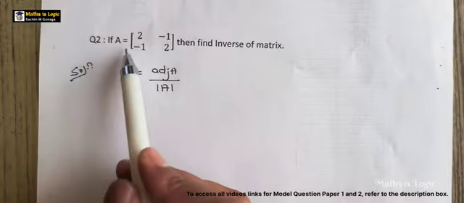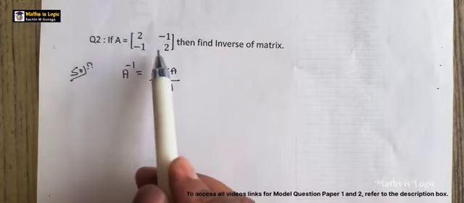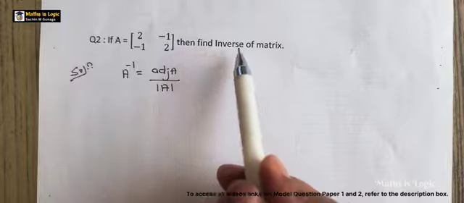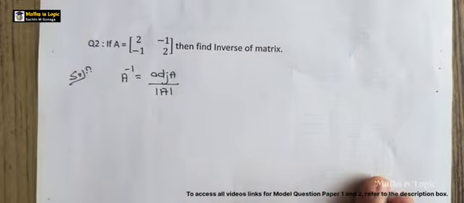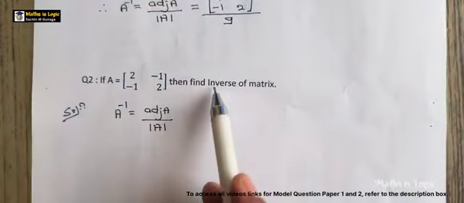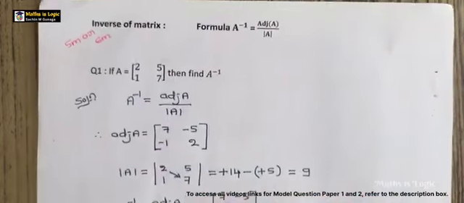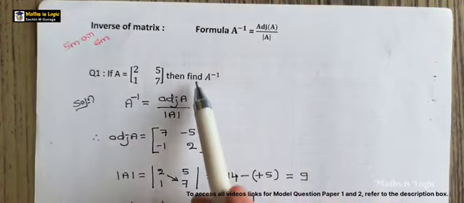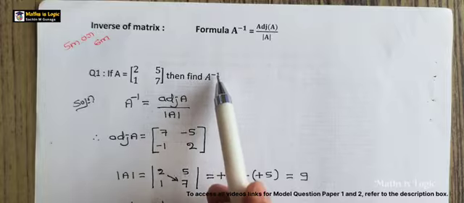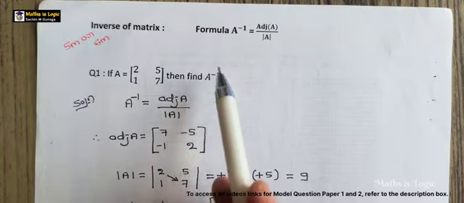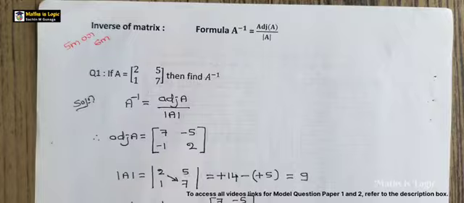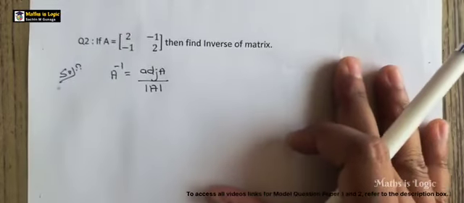Next question. If A is equal to 2 minus 1 minus 1 2, then find the inverse of the matrix. See here, sometimes in words they will give find inverse of matrix, otherwise sometimes symbolically they will give find A power minus 1. Remember, A power minus 1 is nothing but the inverse of the matrix.